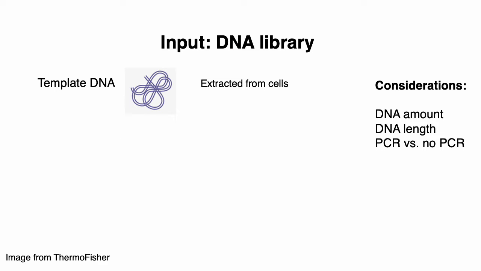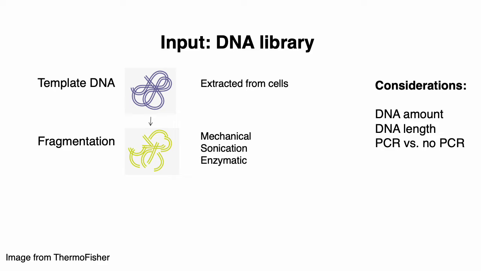In terms of generating a DNA library, the basic steps, which again depend on the precise technology you're using, generally involve extracting some kind of template DNA or genome from a bunch of cells, followed by fragmentation, because as I explained earlier in this lecture, current technologies as of today are not able to sequence an entire genome all in one go.